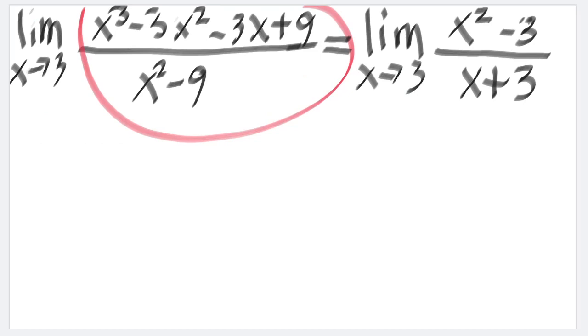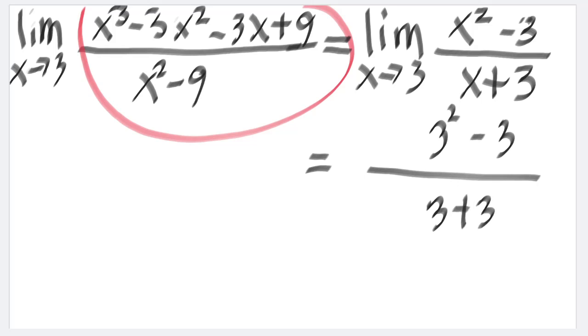And now we can readily substitute again 3 here. So this will be 3 squared minus 3 over 3 plus 3. And therefore that is equal to 3 squared 9 minus 3, that is 6 over 6. And that is equal to 1.